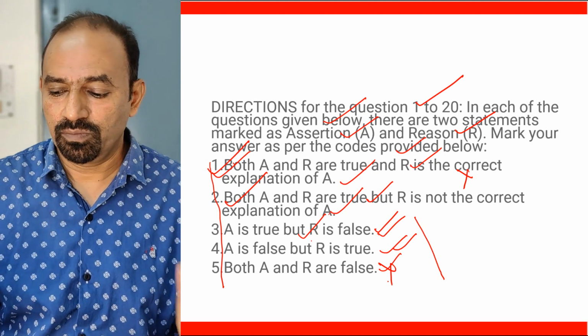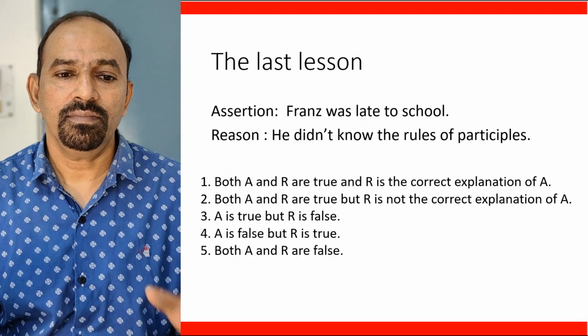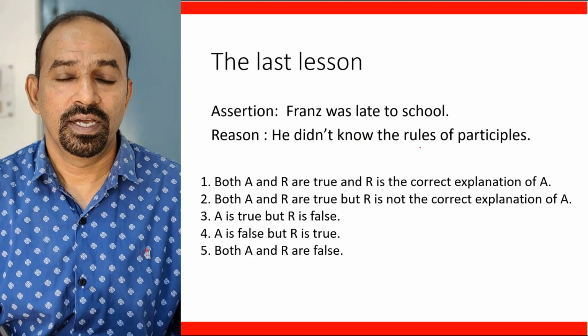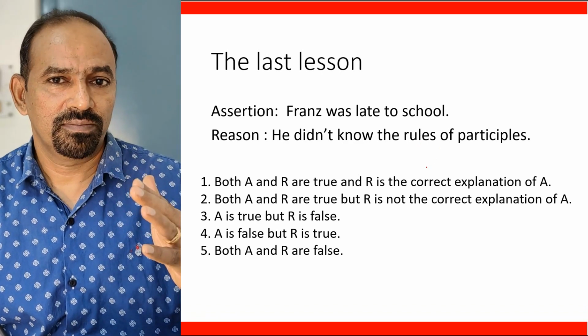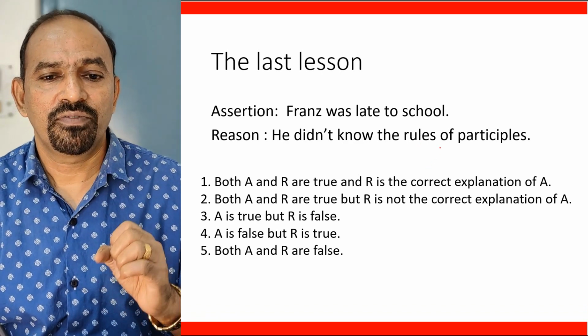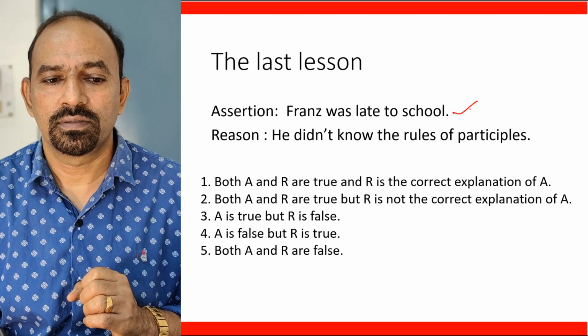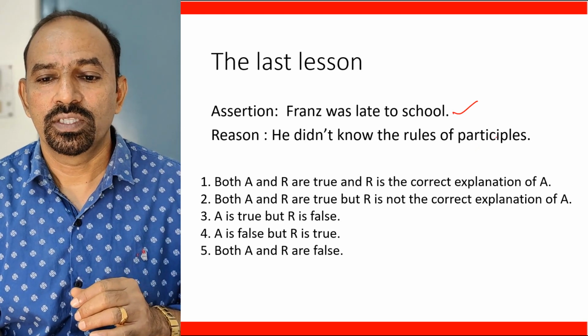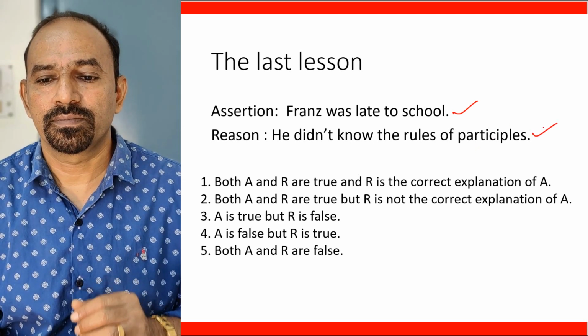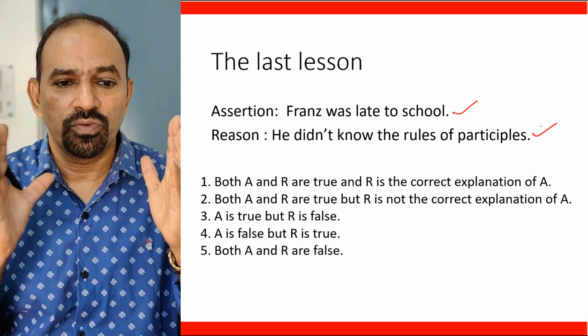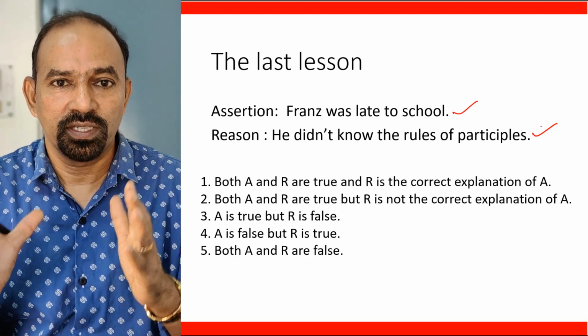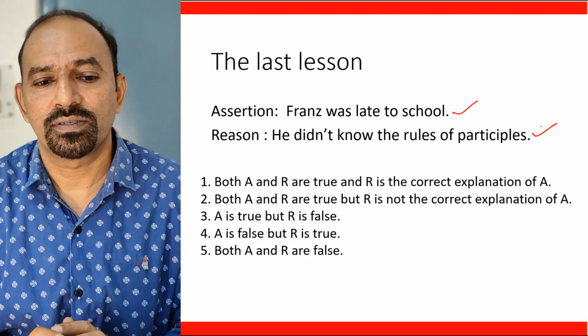Now let us check some questions from The Last Lesson. Assertion. We can start from a simple one. Franz was late to school. Reason, he didn't know the rules of participles. 2 statements from your textbook, from your story, the first story, The Last Lesson.